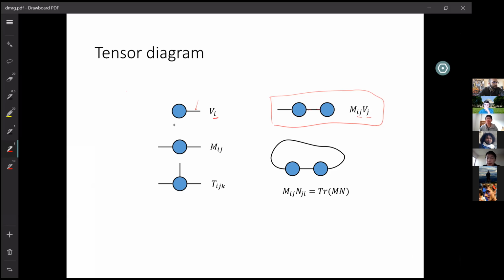So in this example, a matrix contracted with a vector is a matrix-vector product. And in this example, two matrices with both indices contracted give the trace of a matrix product. You can also easily see why trace MN is equal to trace NM, because the tensor diagram looks exactly the same when you exchange the two.